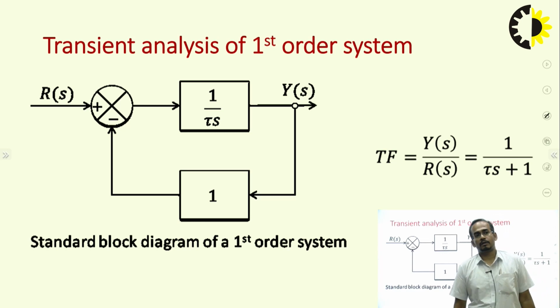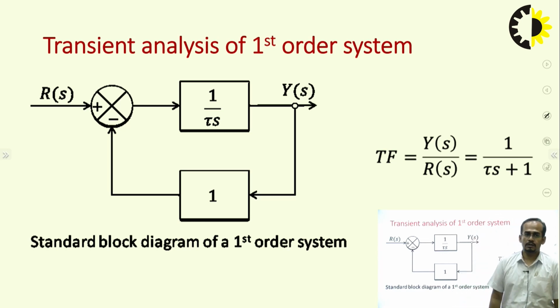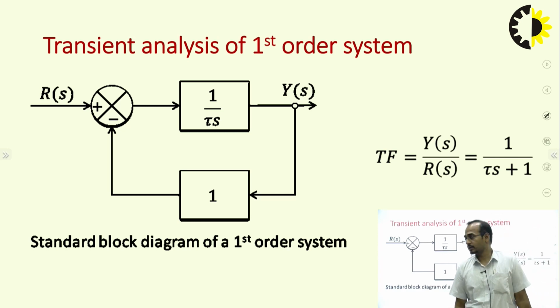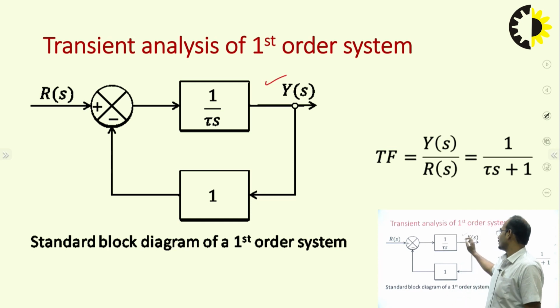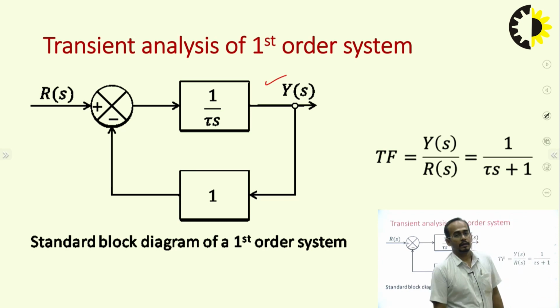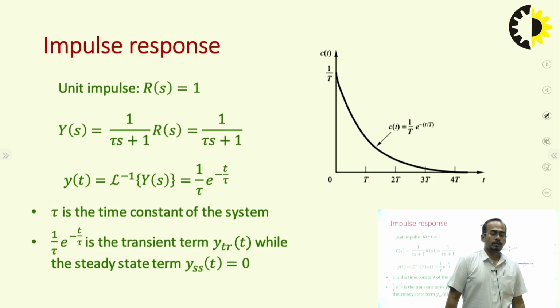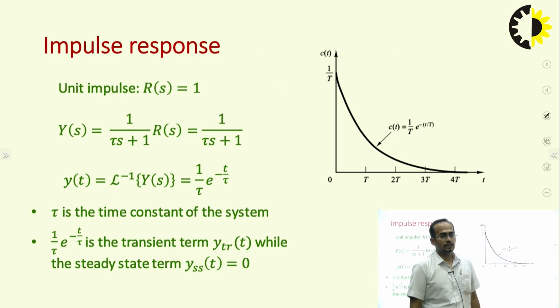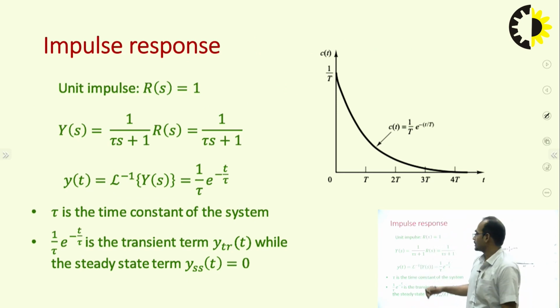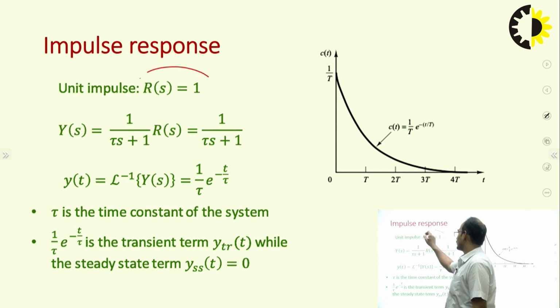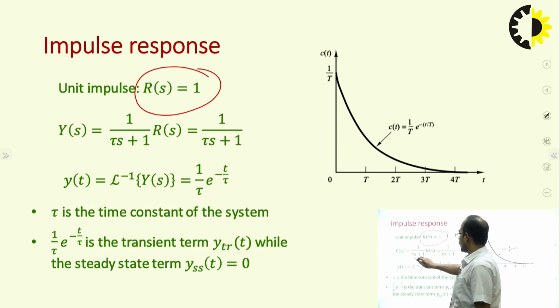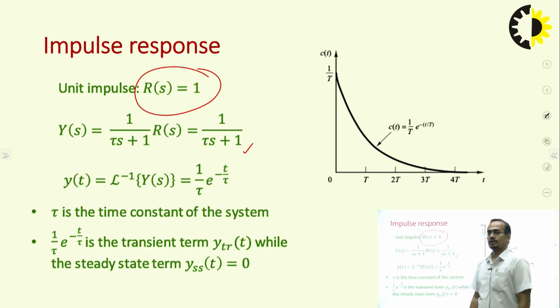Now, coming to the transient analysis of this first order system. Suppose this is the block diagram of the first order system. The transfer function C(s) by R(s) will be equal to 1 by tau s plus 1. So what will be the impulse response? If I am talking about the impulse response, the Laplace transform of the impulse signal is 1, so R(s) is equal to 1. So Y(s) will be equal to 1 by (tau s plus 1) into R(s), which is 1 by tau s plus 1 into 1.